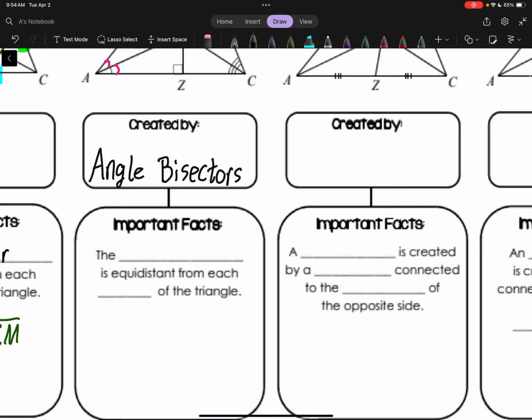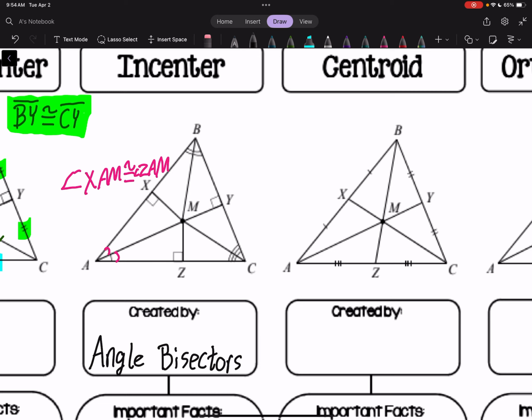So the incenter is equidistant from each side of the triangle. What this says, those three are congruent.